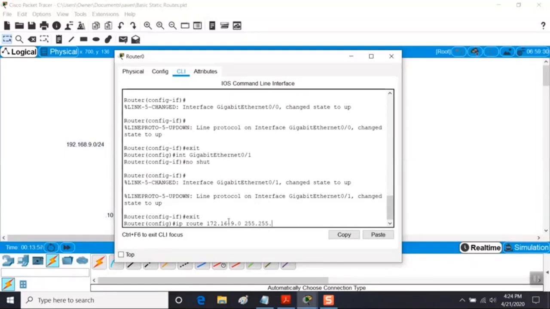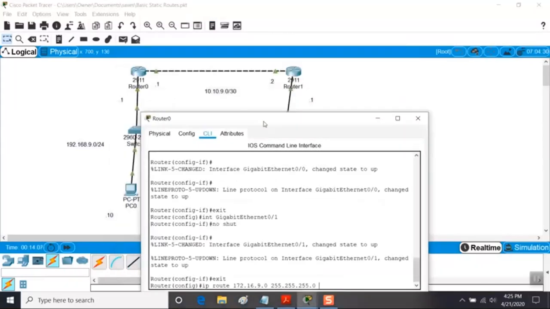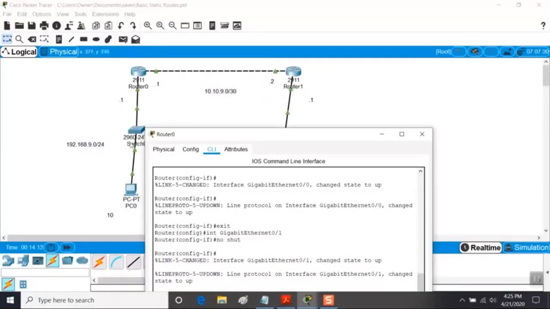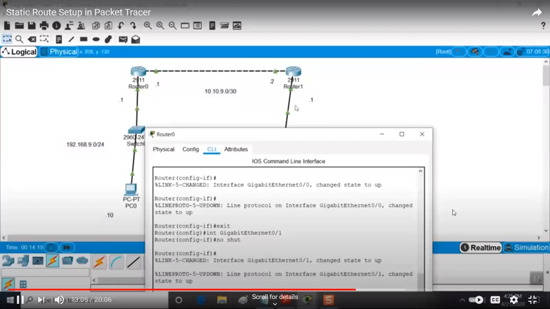You can't use CIDR notation, go figure. Then I'm going to put the IP address that the interface on this side uses to access this network. If this router is passing traffic out to 172, it has to hit this interface first, which is 10.10.9.2.